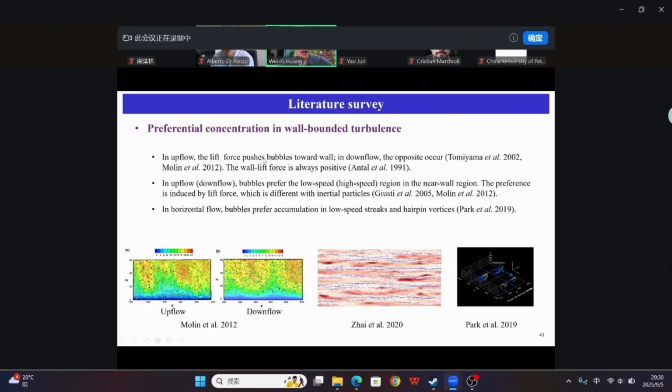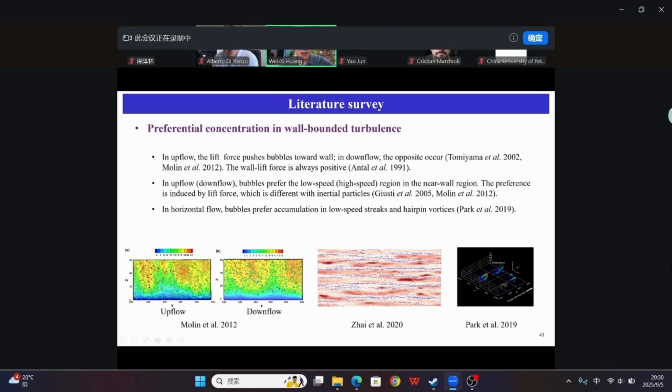And the bubbles will show some preferential concentration in water turbulence. It may be different from solid particles. In the upflow, due to the lift force and the wall lift force, bubbles will be concentrated in the near wall region, and also in the low speed streak region and the hairpin vortex region.